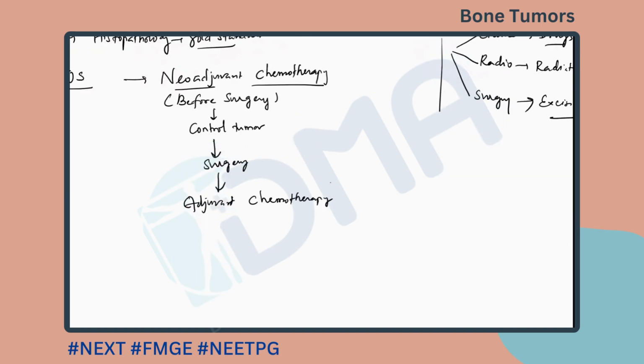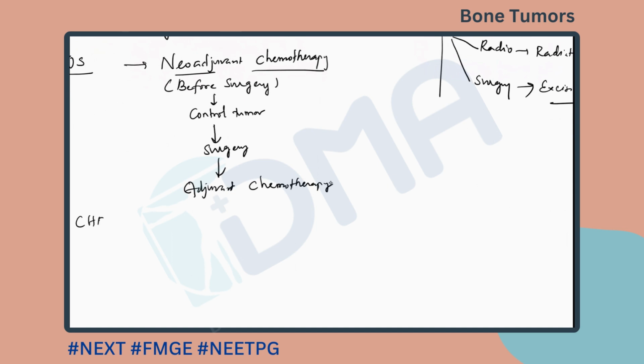Okay. So what are the drugs which are commonly used in chemotherapy for osteosarcoma? You can keep this mnemonic as CMDA. C stands for cyclophosphamide. M stands for methotrexate.